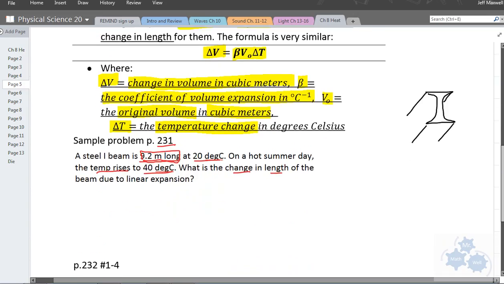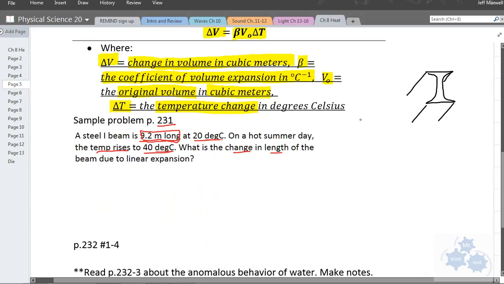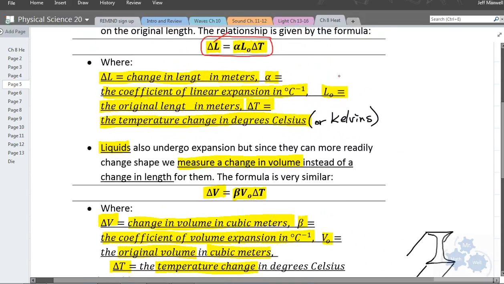So the original length is L naught, or L0, or L original. That's 9.2 meters. The temperature rises from 20 to 40 degrees. So if we go back and look at our formula here, which part of the formula would that tell us about?